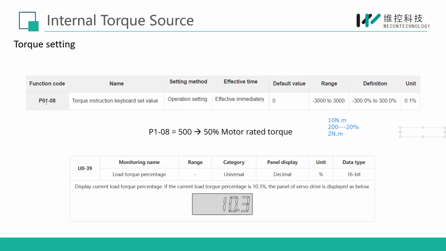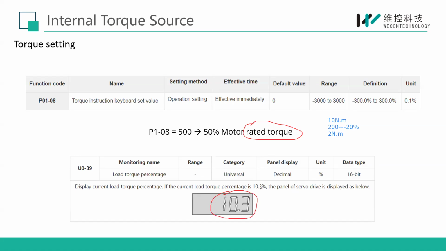P1.8 is used to set the torque of the motor, and parameter U0.39 is used to read the real-time torque of our motor. The unit is also percent, based on the rated torque of our motor.